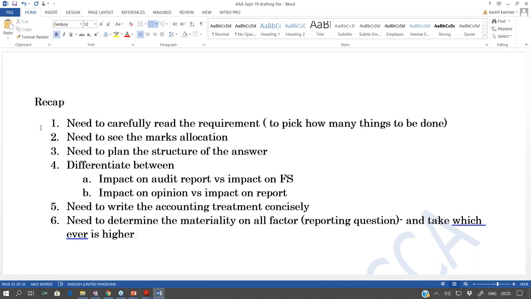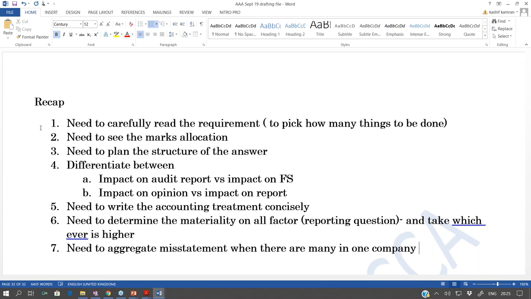And then last, need to aggregate misstatements when there are many in one company.